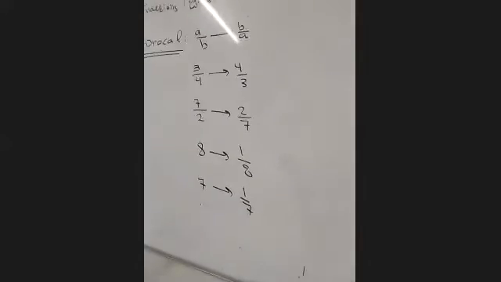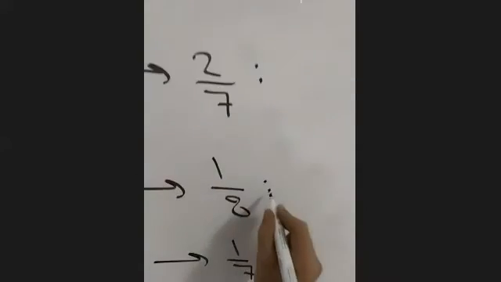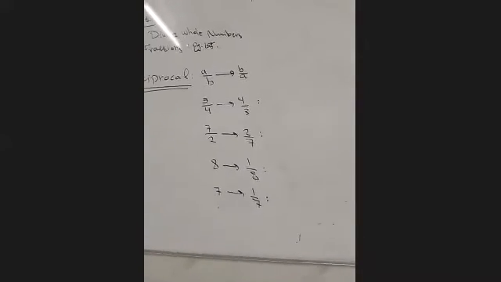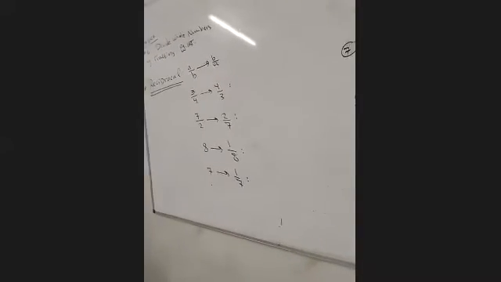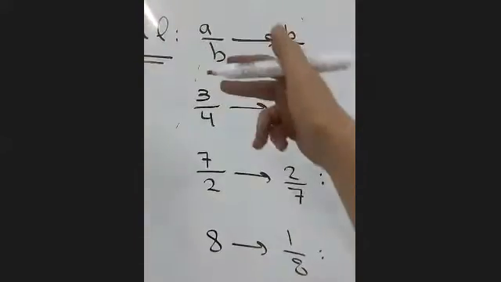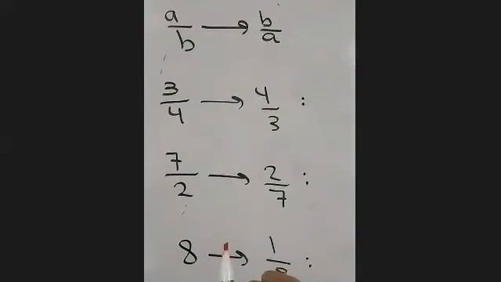Now look what I will do here for each one. To be a nice teacher, I will use colors. Here we have 3 over 4, and its reciprocal is 4 over 3.